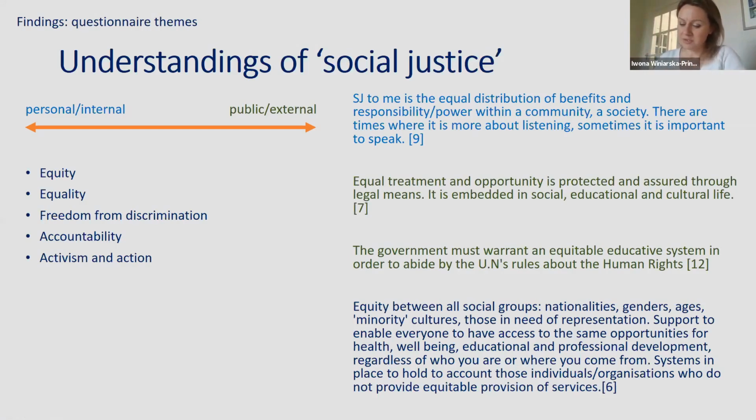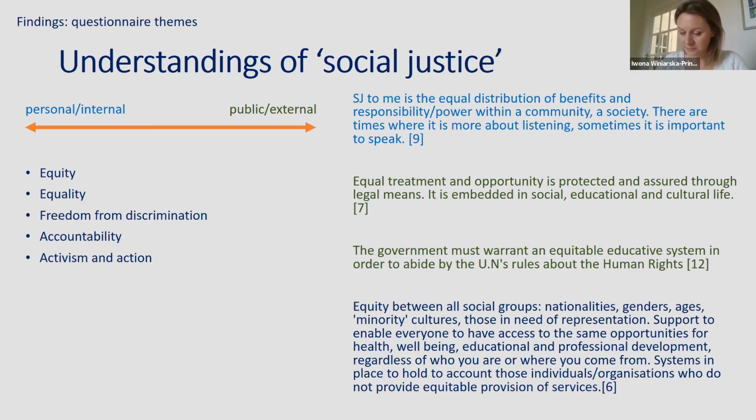The most common answers revolved around equity and equality, and that was around access and opportunities, but also equally distributed benefits, rights, power and responsibility. So it wasn't just about access, but there was this idea of an even playing field for all.